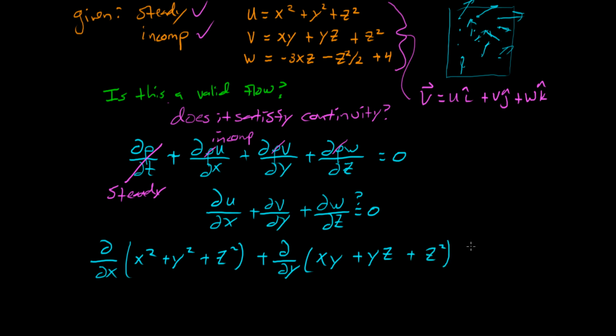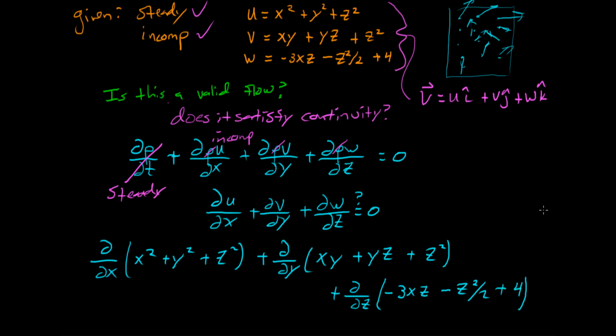And then we have our last term, d/dz of w. Well, I ran out of room there, so I'm just going to move this to the next line. Excuse my spacious handwriting. Plus d/dz of this thing here, which is minus 3xz minus z squared over 2 plus 4.